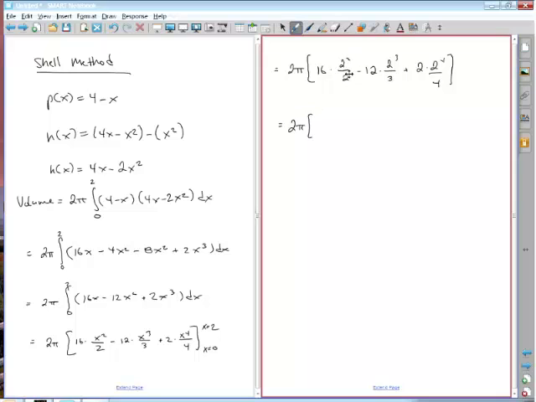So here we'll have 2 squared divided by 2, which would be 2, times 16 is 32. We have 2 cubed, which is 8, times 12 is 96. So we'll get 96 over 3. And here 2 squared cancels out with 4, so we'll have just 2 squared times 2, so that will be 8.